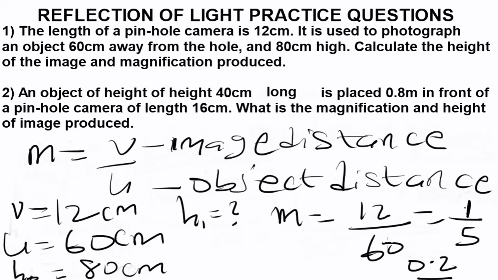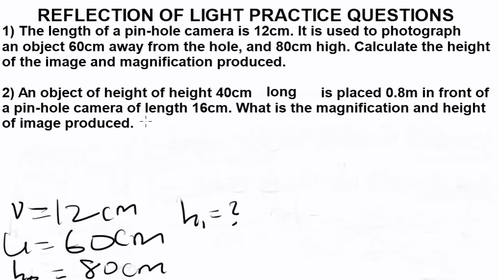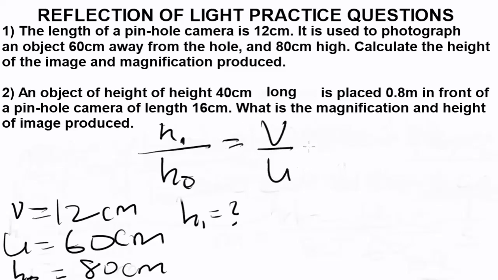Now let's go ahead and find the height of the image. To calculate the height of the image, this is the formula we're going to apply: image height HI over object height HO equals image distance over object distance.